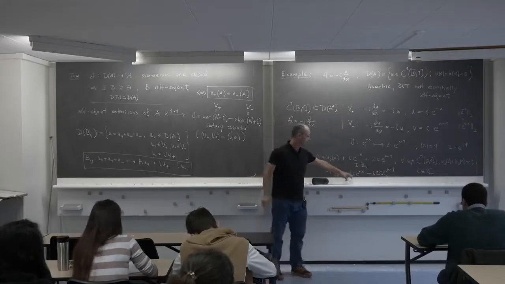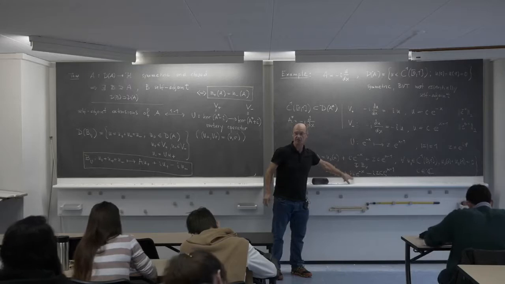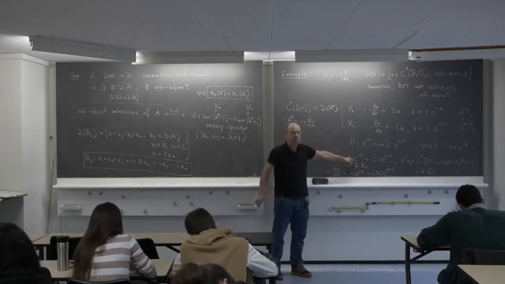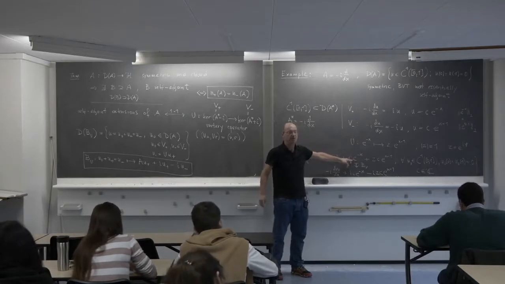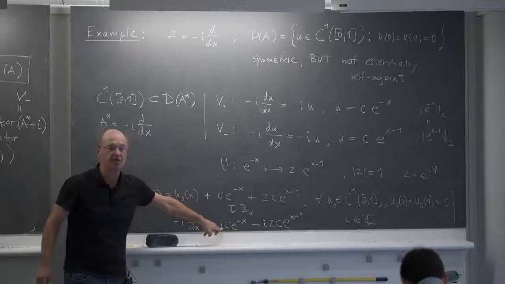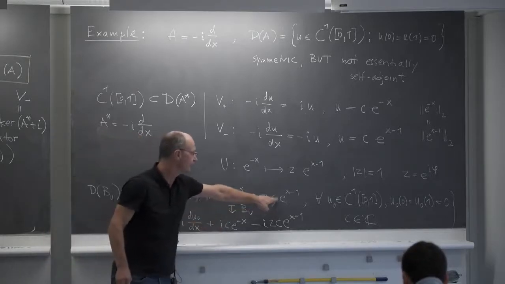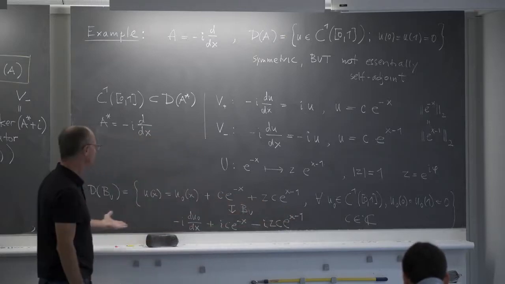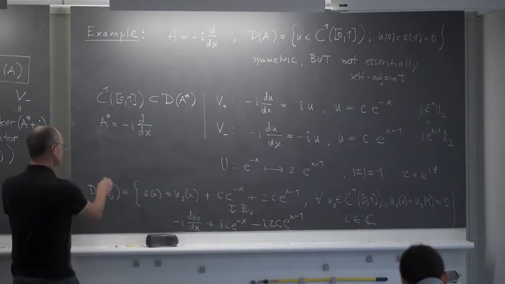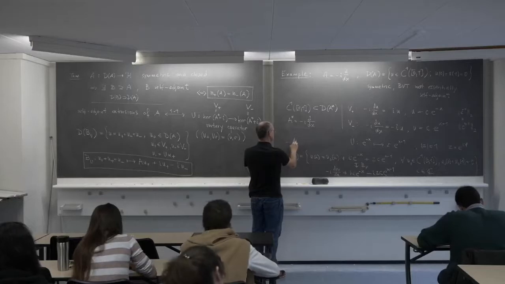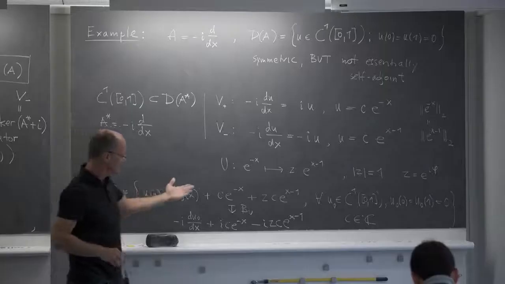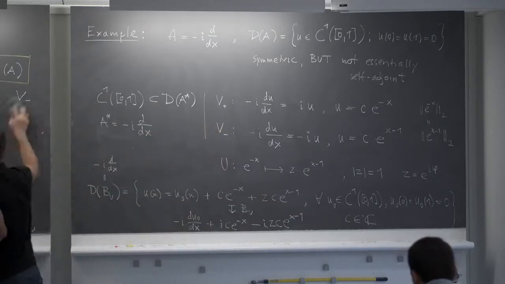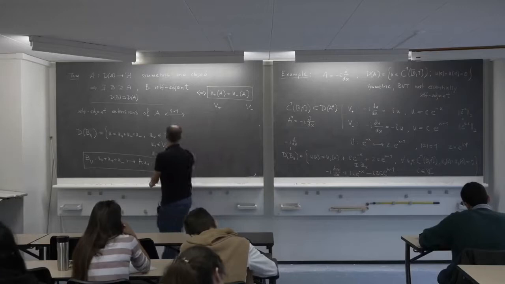But notice that actually this action is again minus i d over dx. Concretely, this vector is exponential minus x. If we apply minus i d over dx, we get plus i times this. If we apply minus i d over dx to that guy, we get minus i times this. So the operator B u is always, for any u, minus i d over dx. Just the domain changes.